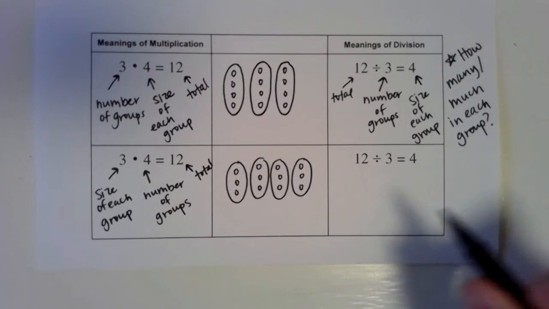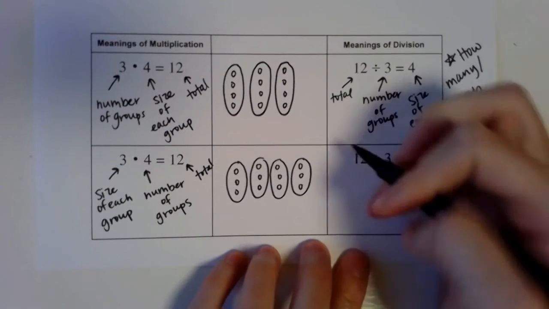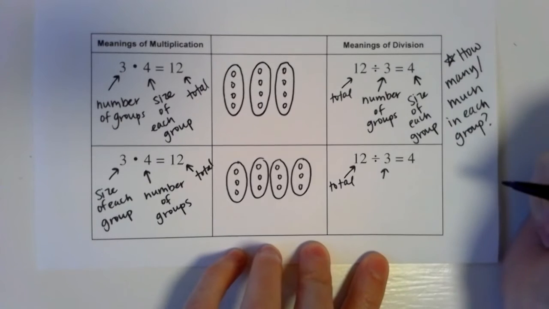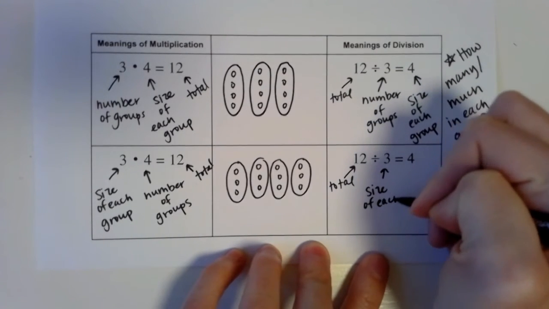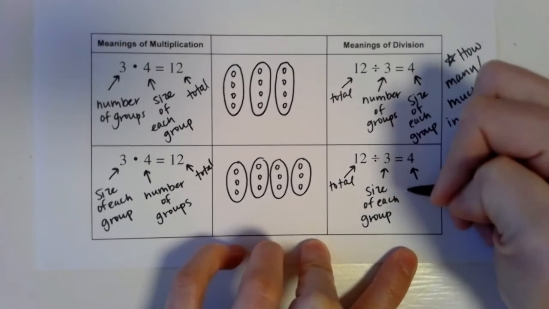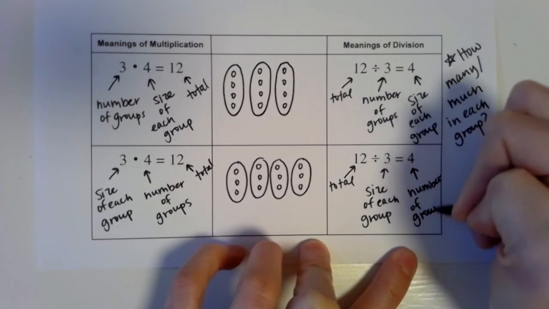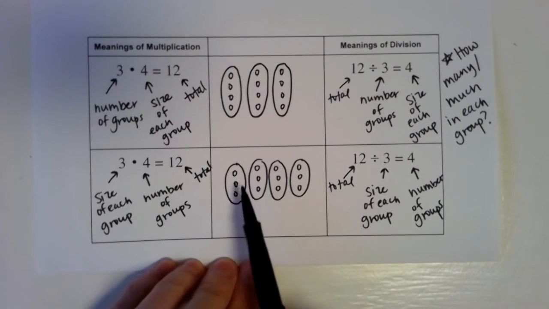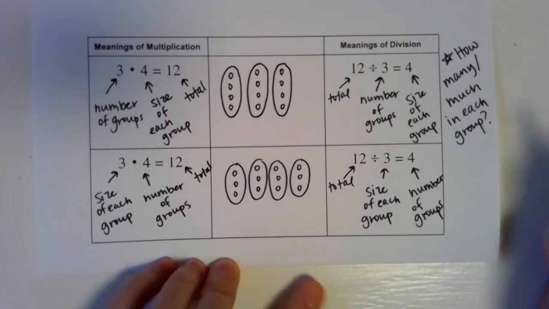The other way you can think about division, and this is going to tie into our banana pudding recipe problem, is 12 is still your total. You can think of 3 as the size of each group, which means 4 is going to be the number of groups. We can see that in the picture. If we started with 12 and we put 3 into each group, our answer would be how many groups do we have?